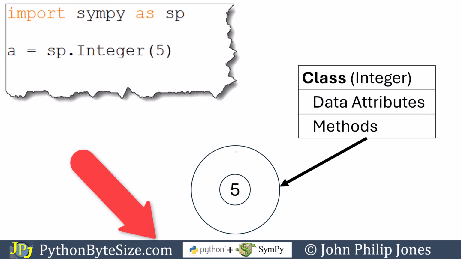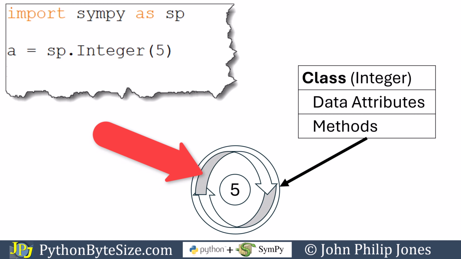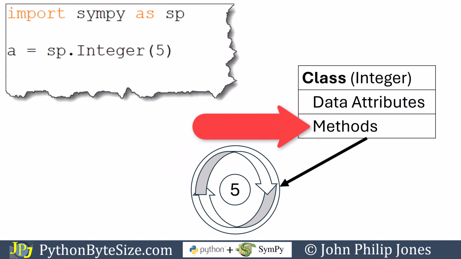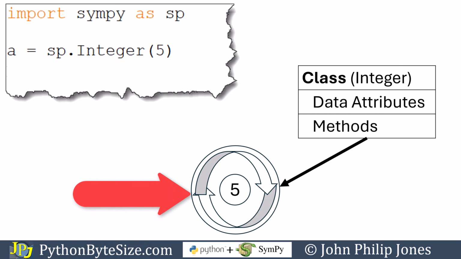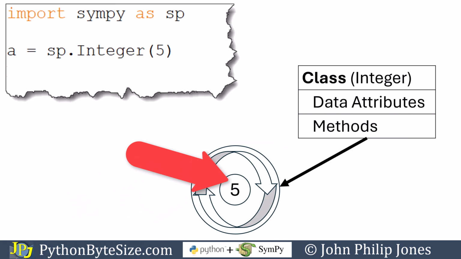I again like to think of this area as being the methods of the object that were defined in the class. And of course, these methods will be different to the methods that appeared for the last program diagram we were looking at, because it was based on the int class, whereas this object is based upon the integer class of SymPy.